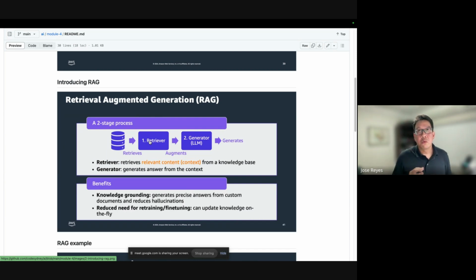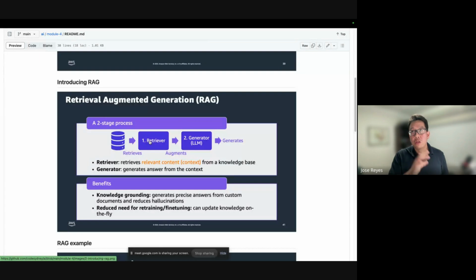Now, because we have ingested that PDF in the vector database, we can actually do a search, a retrieval of information from the vector database, and then we get the information back. When I say we, I mean Llama Index, our application.